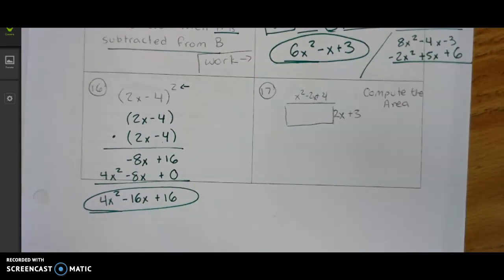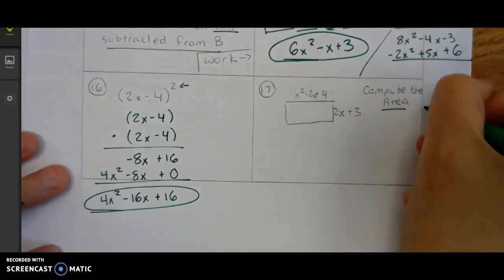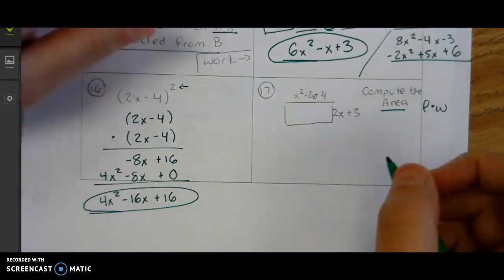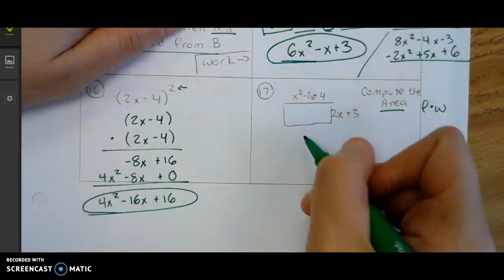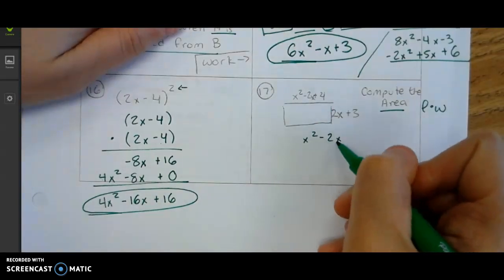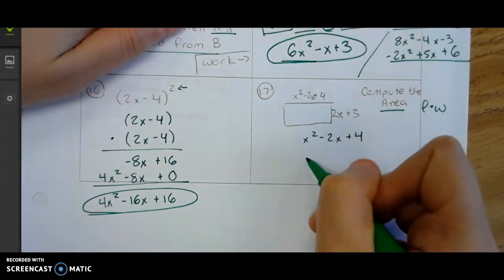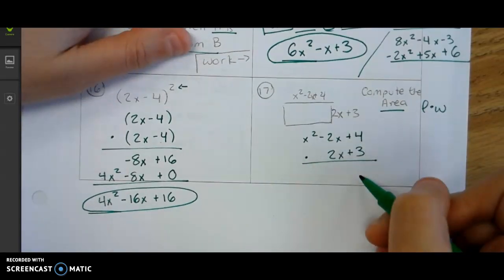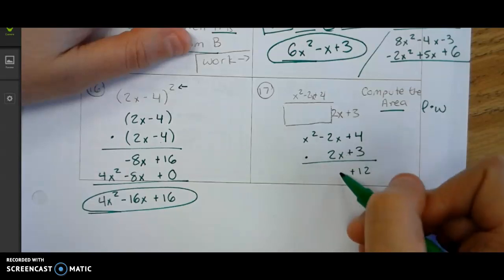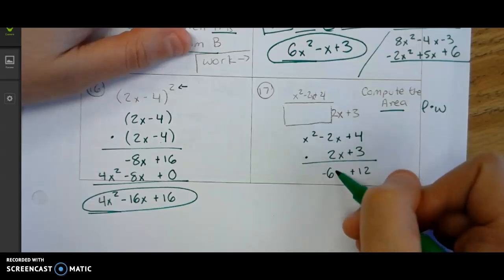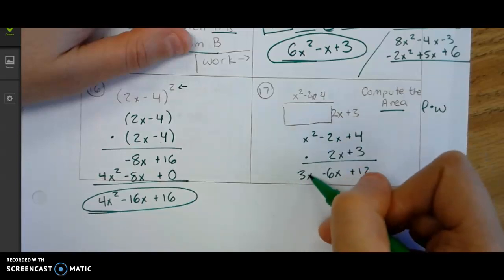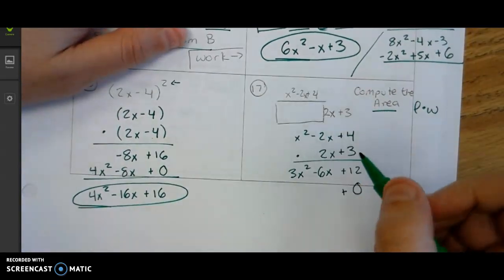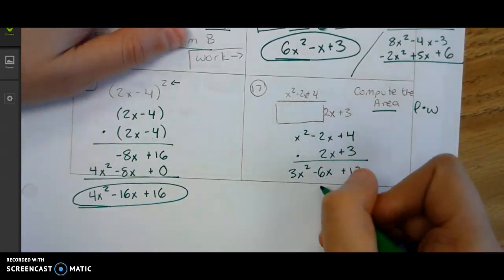17 says compute the area. If you remember, area is length times width. So I'm going to do this one with stacking as well. I just have to take the length and multiply it by the width. 3 times 4 is 12. 3 times 2 is 6, and that's a negative. 3 times 1 is 3. Make sure you put your 0. 2 times 4 is 8.